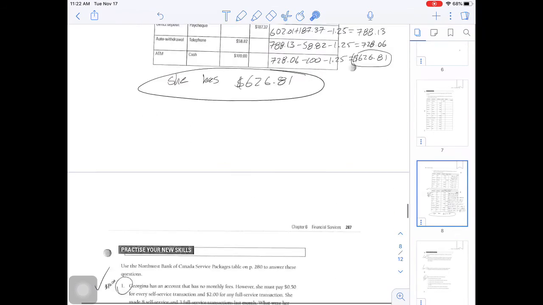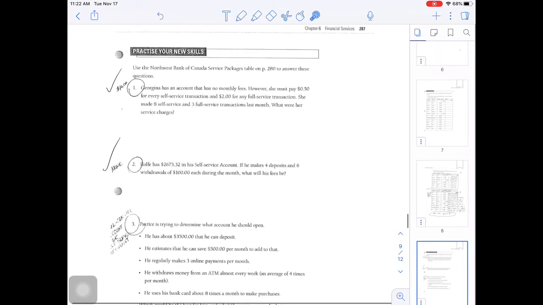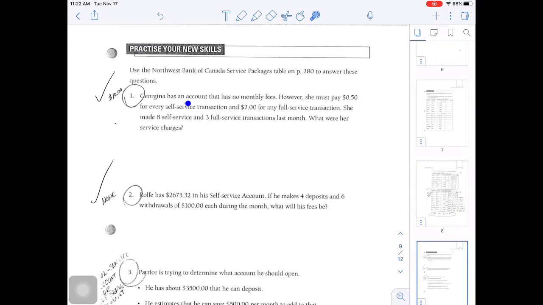Okay. Let's do a few more examples here. So Georgina has an account that has no monthly fees. However, she must pay 50 cents for every self-service transaction and $2 for any full service transactions. She made 8 self-service transactions and 3 full service transactions last month.